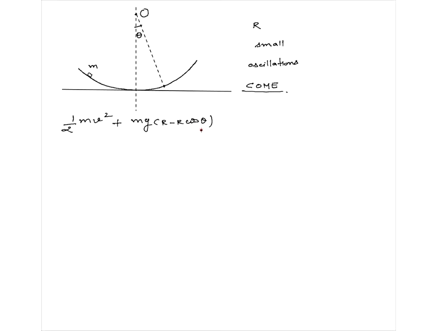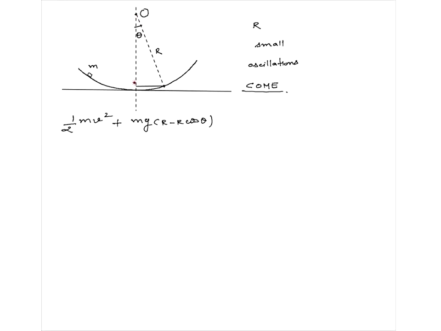Okay. Draw a perpendicular from here. Here it goes. From this point to that point it is r. Top to this point it is r. This is also r, radius.